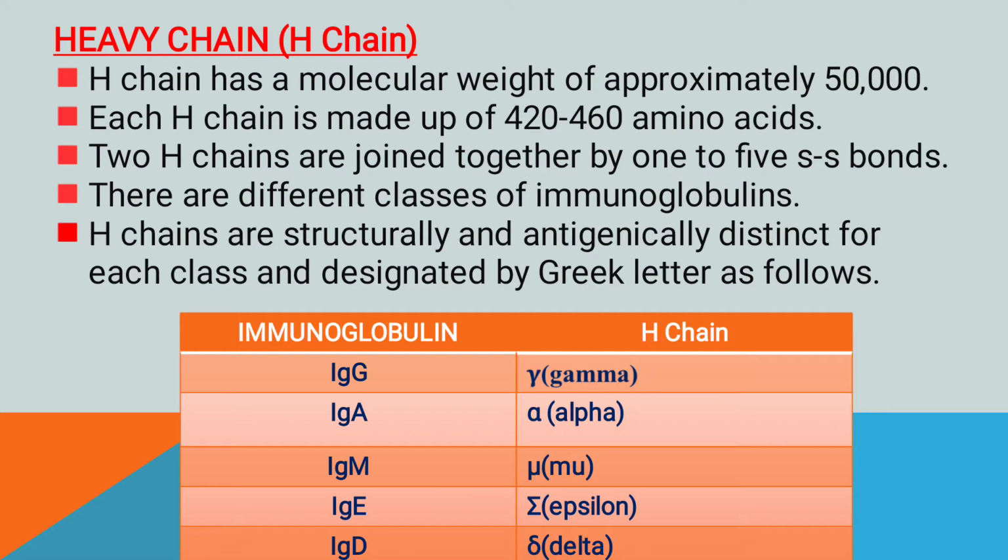So depending upon the type of heavy chain, these Igs are classified into five major classes of Ig, GAMED respectively.